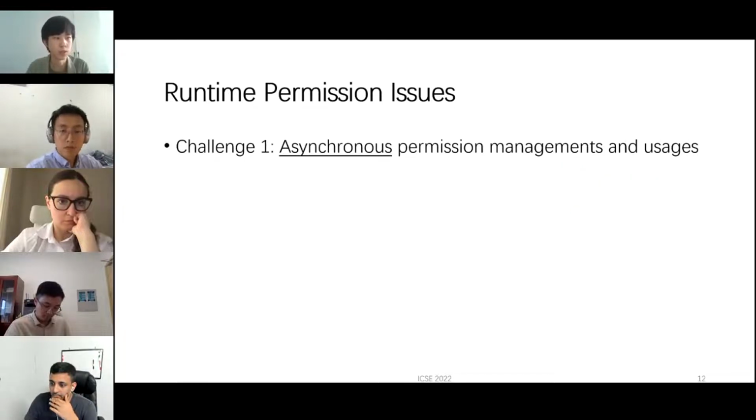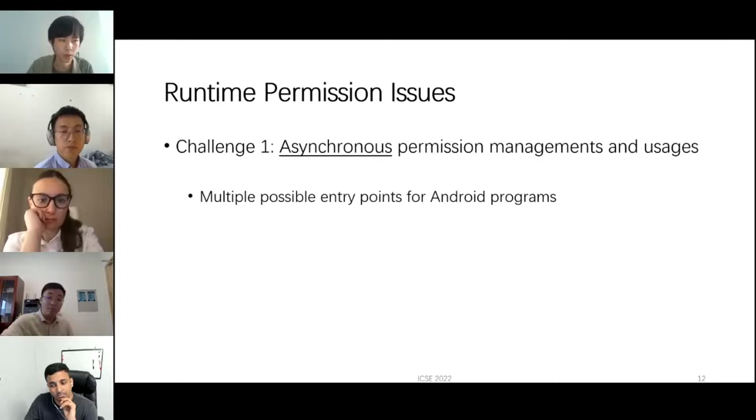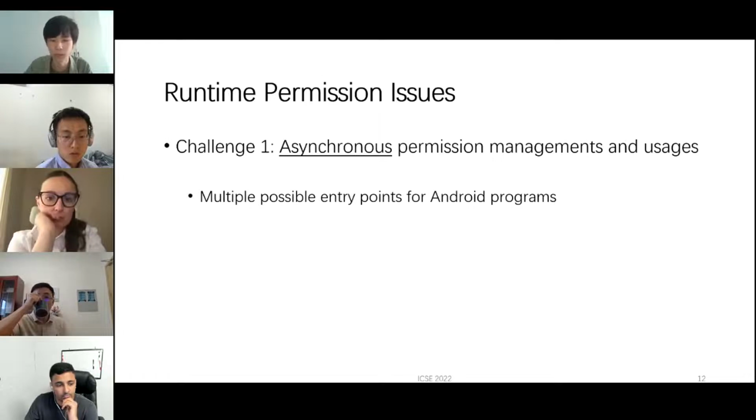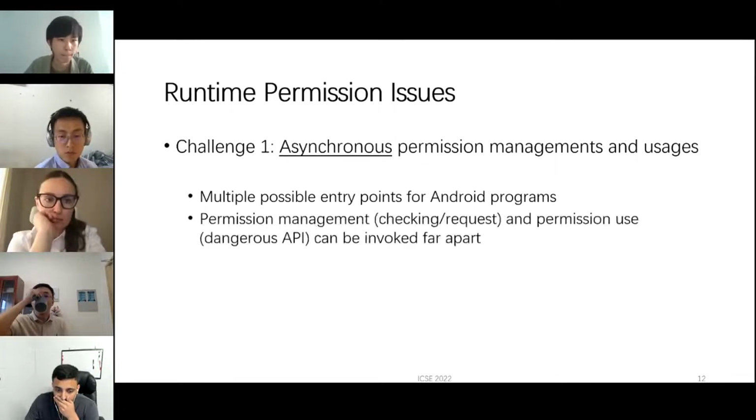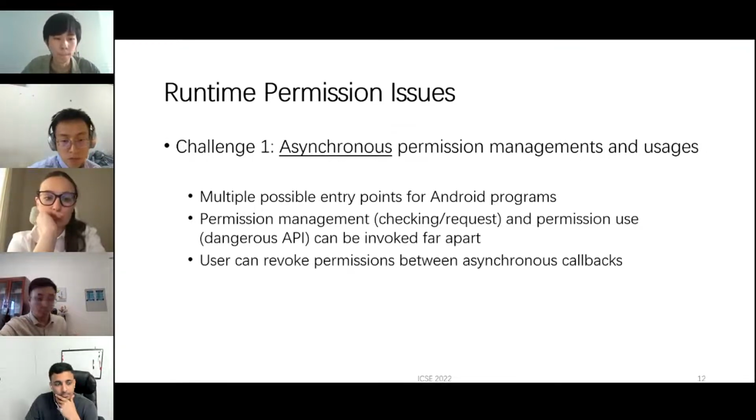The first one is that we should properly model the asynchronous permission management and usages. If you have a background in Android development, you might know Android programs are event-driven, so there are many possible program entry points that are called asynchronously. Such a programming style allows developers to write their permission management code and usage code far apart, and between these asynchronous events, the user may revoke the permissions.